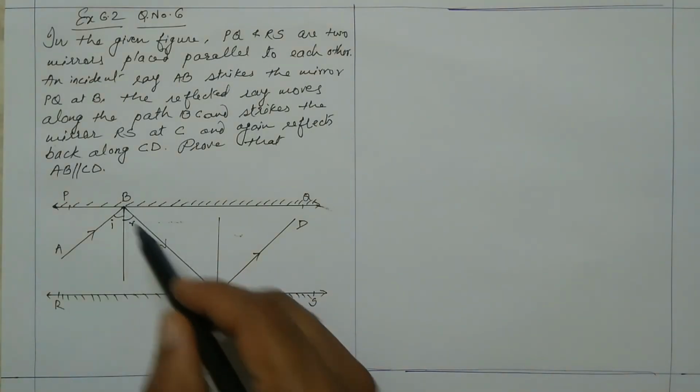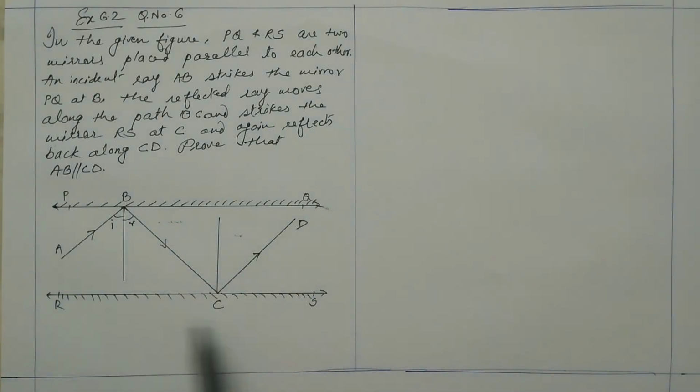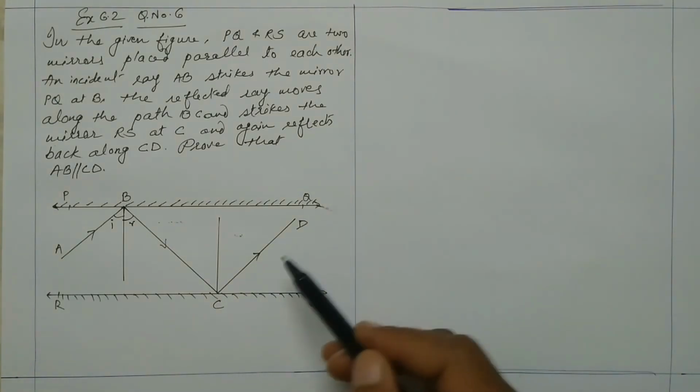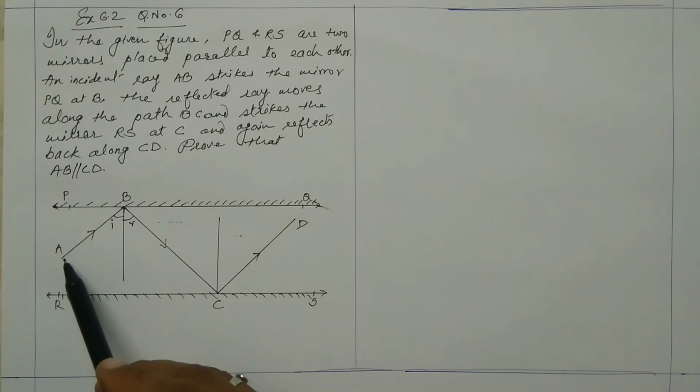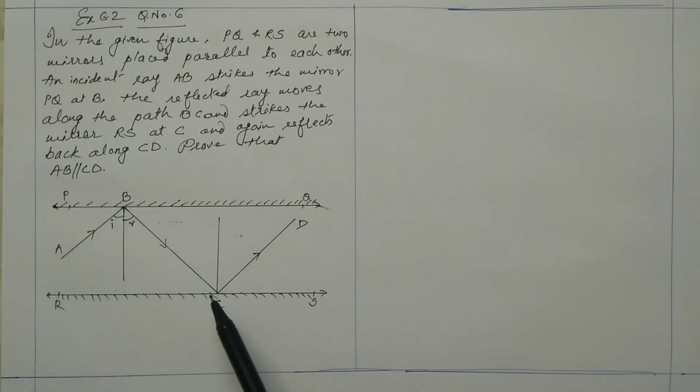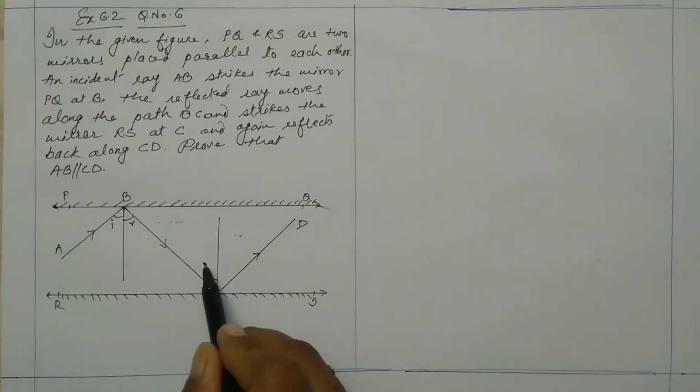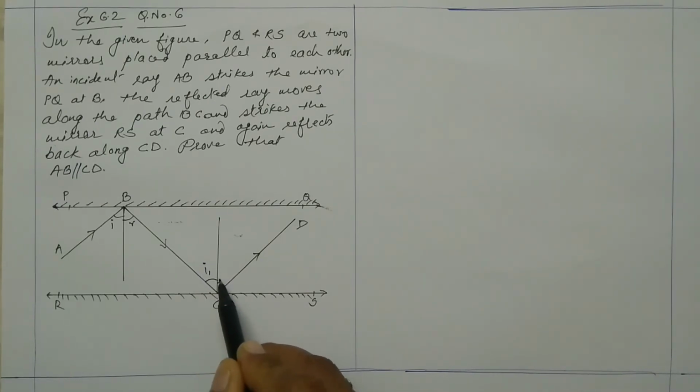Now BC is the incident ray for mirror RS and CD is the reflected ray. Actually BC is incident for RS, but with respect to AB, BC is a reflected ray. C is the point of incidence, and here we have drawn a normal, so we have used I1 and R1. Now I1 is equal to R1. These are the rules of physics, you know. This is the construction part we have done.